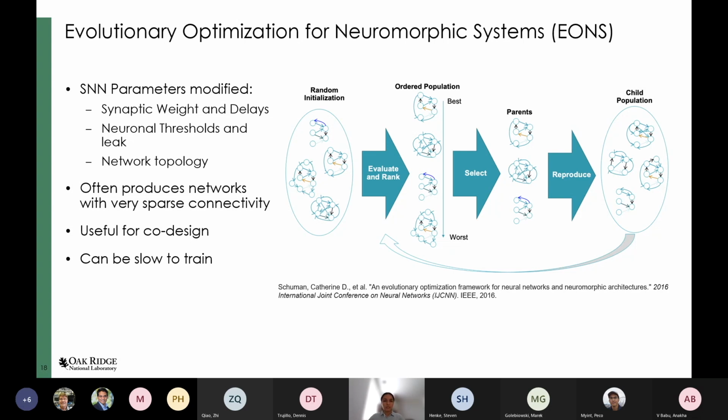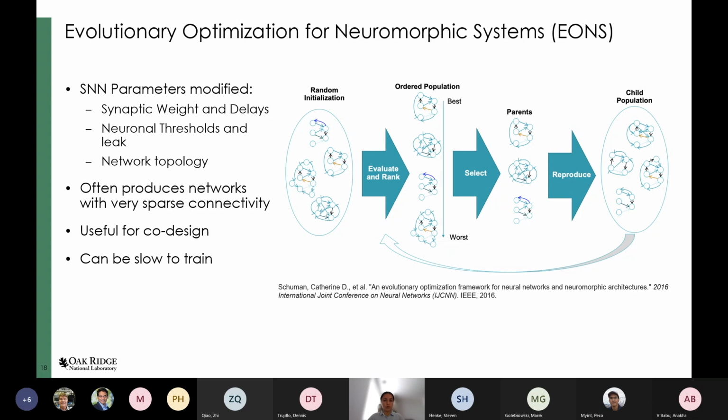The benefit that this algorithm offers is that it can co-optimize all the different parameters, whereas the previous learning algorithms that we looked at were able to optimize only one or at the max two parameters, and primarily weights were the only parameters optimized.